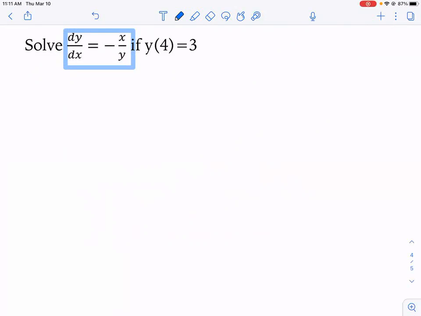I am going to encourage you that any coefficient you have on the right side stays on the right side with the dx. Eventually, we're going to have to solve for y. So the less you have over on the dy side, the better, if possible. So let's write this as y dy equals negative x dx.